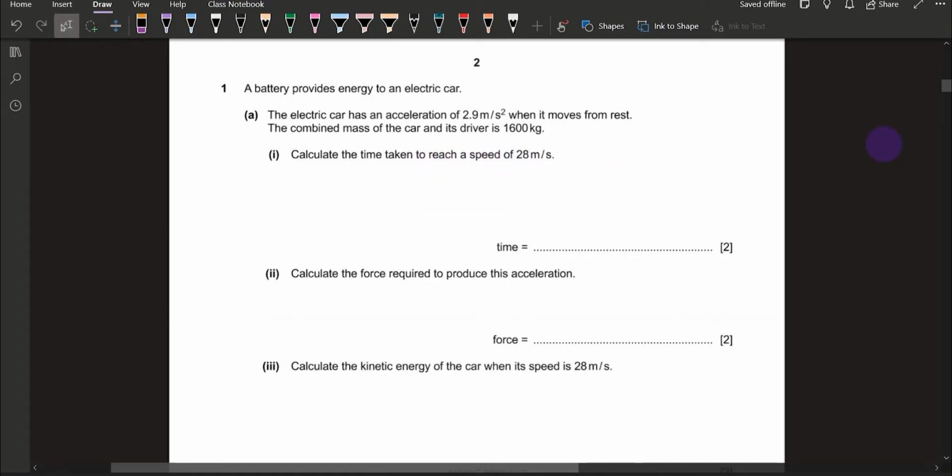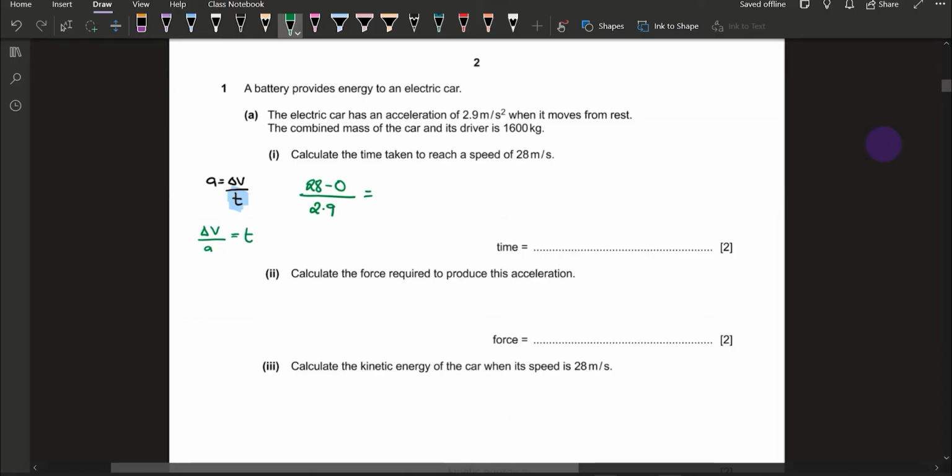So we know the formula: acceleration equals change in velocity divided by time. We are supposed to find time, so we can rearrange our formula and we get change in velocity divided by acceleration equals time. So we have the velocity of the car, which is 28 meters per second, and our initial velocity was 0, so minus 0, divided by acceleration, which is 2.9.